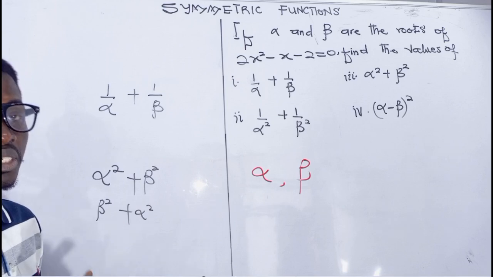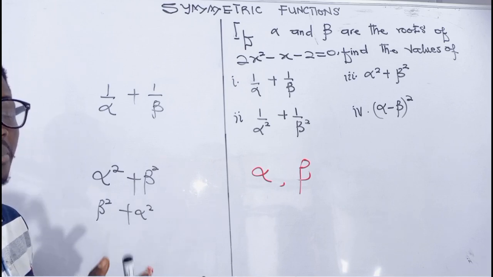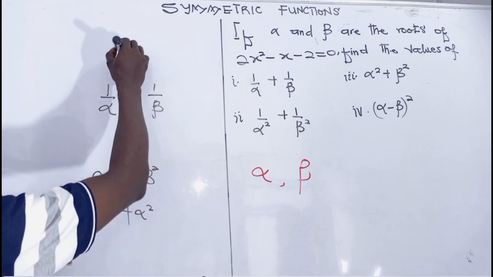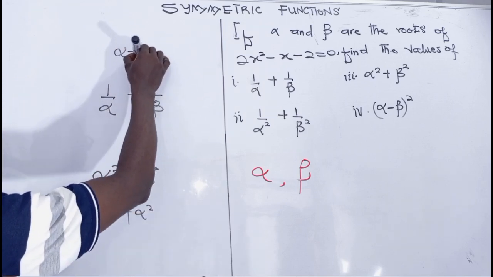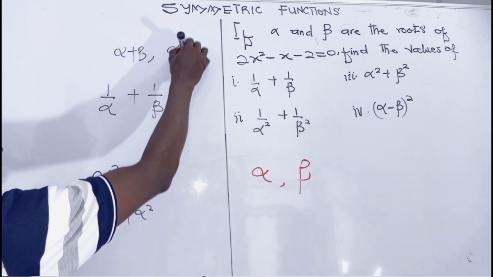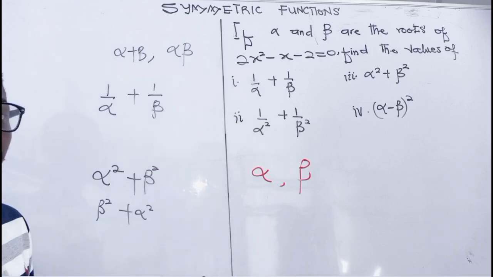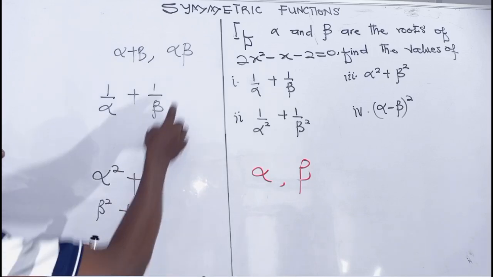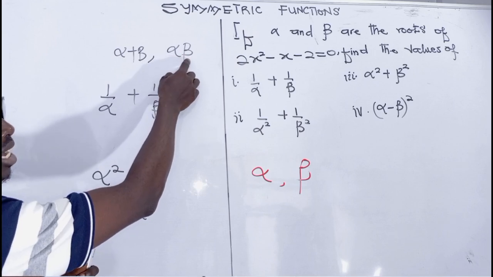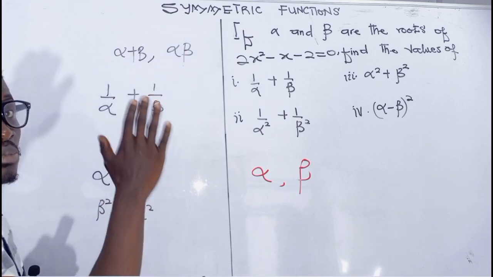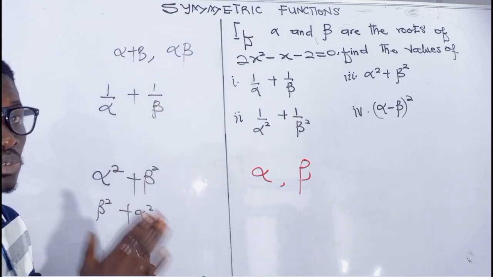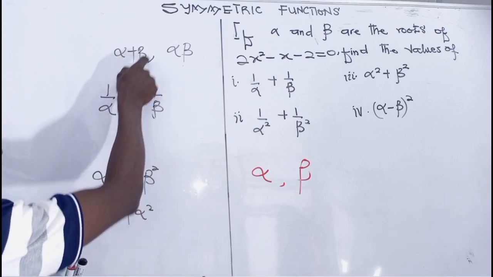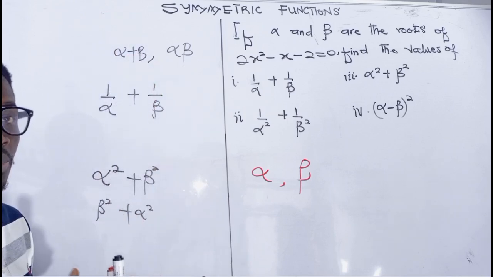A symmetric function. The basic symmetric functions, or the elementary symmetric functions, are alpha plus beta and then alpha beta. These are the basic symmetric functions because when we interchange alpha and then beta, the value of this function will still remain the same.